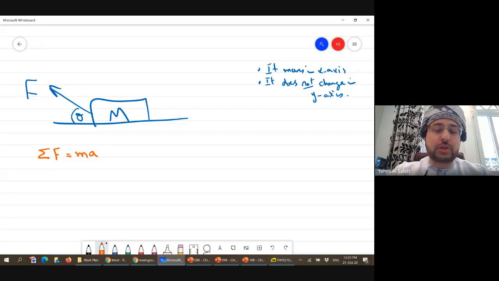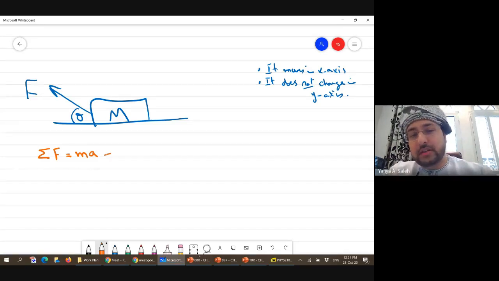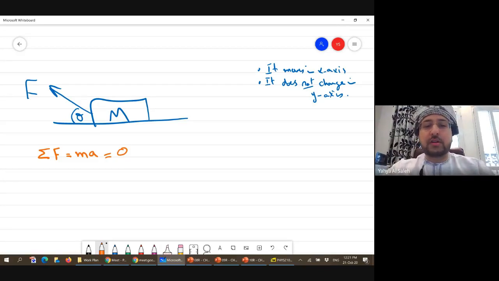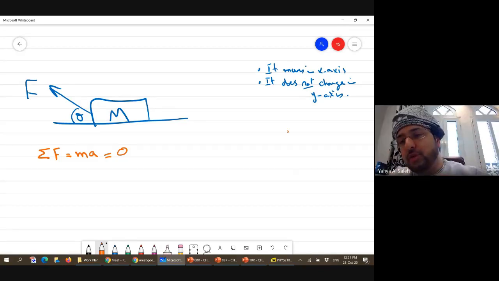Now, if it is not changing in the y-axis, it means that the sum of the forces needs to be equal to 0. So we start by drawing all the forces on our block.